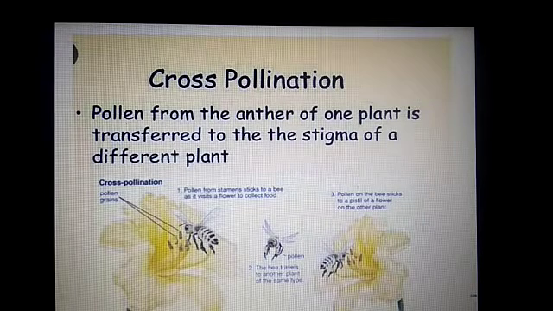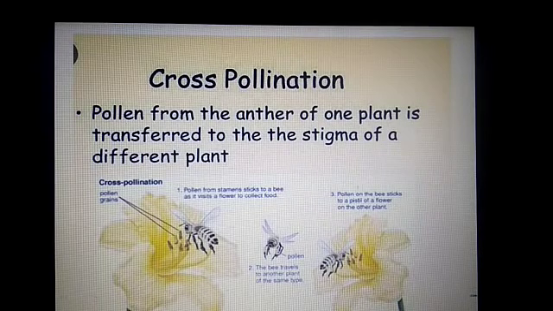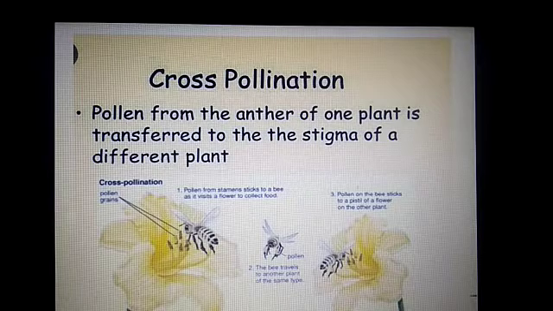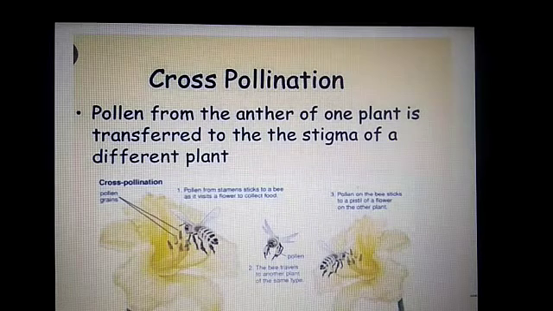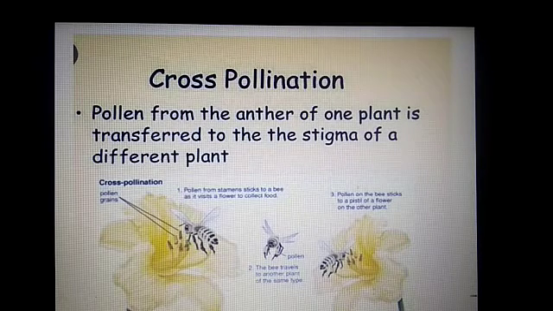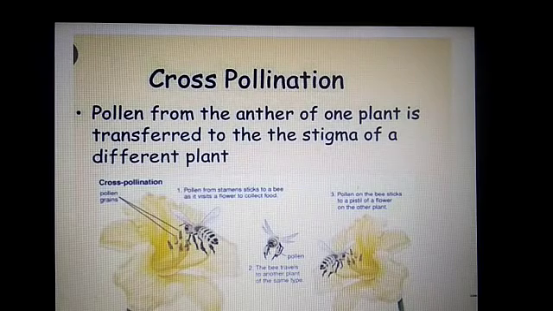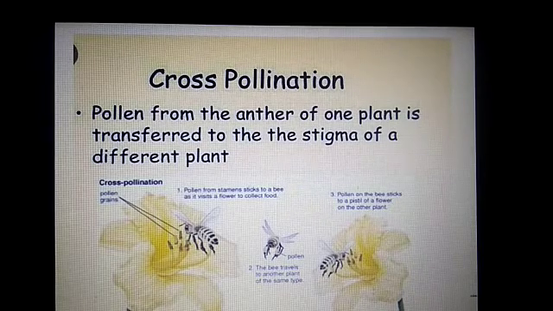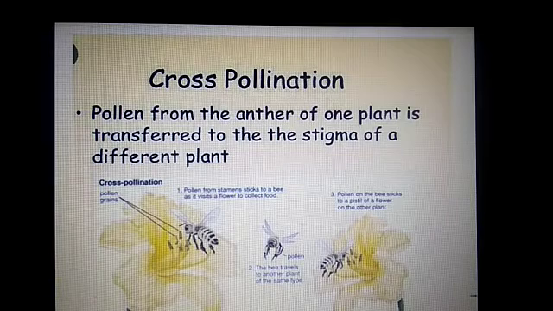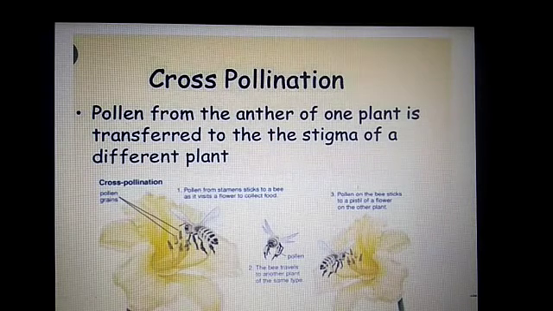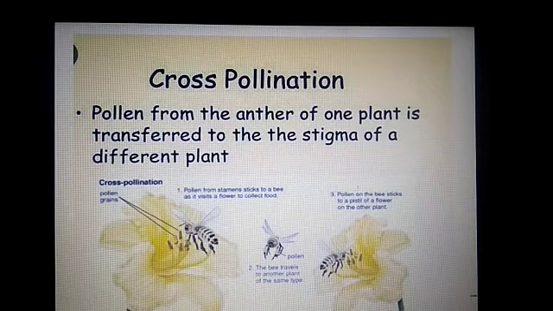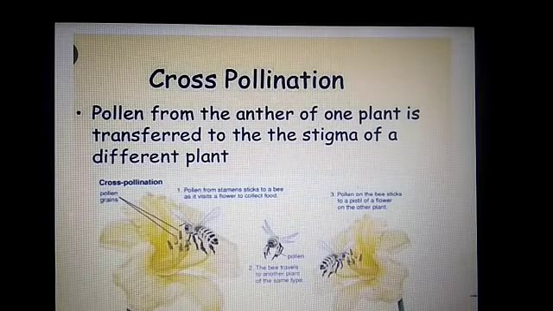Insect-pollinated flowers are large, with colored petals to attract insects. A flower with colored petals is insect pollinated. Why are they colored? To attract the insects.